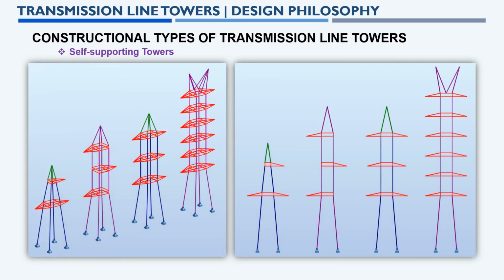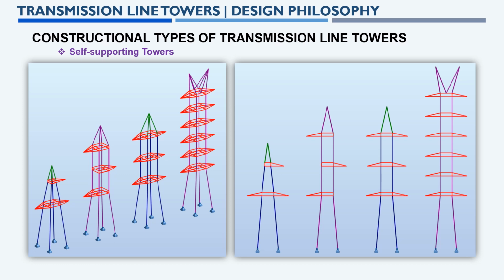Next, we are going to look at the types of transmission line in constructional aspects. There are two major constructional types of transmission line towers. One is self-supporting towers. Here, from the left side, it is a single circuit, where two phases are connected in one arm and one phase is connected in the top arm.